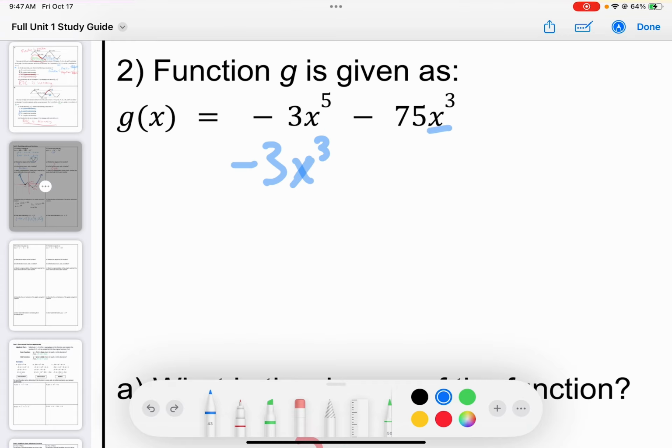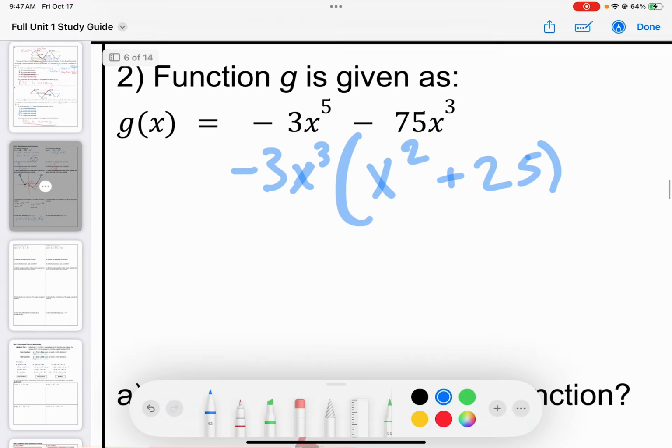And I'm left with x squared plus 25. Now this is really interesting because, I'll be honest, I meant to make this a negative 25. That's not a negative 25. So really if I wanted to rewrite this, let me just so you can see it.